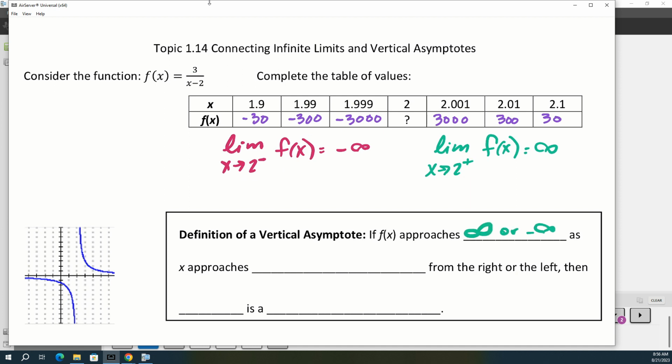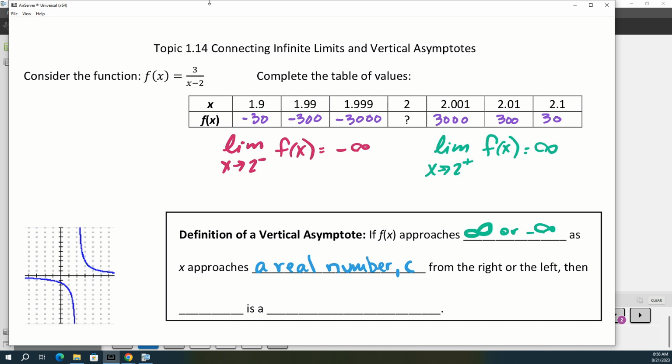So if f of x approaches infinity or negative infinity as x approaches a real number, let's call that number c. That's what I was talking about. As long as this value that x is approaching is a real number, then this is going to be a vertical asymptote.